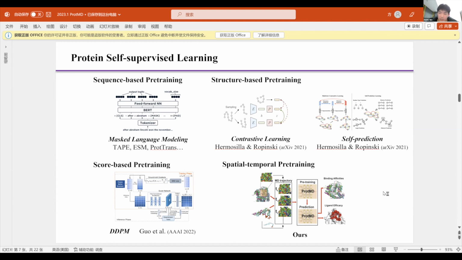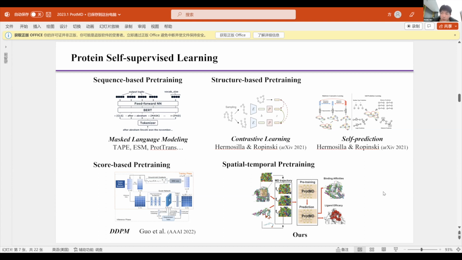This is a paper from John and will be published at ICLR 2023. In this training mechanism, you ask the model to predict some residue types, the edges, the distances, the angles, the dihedral angles. If you did not give this information to the model, it is called self-prediction.